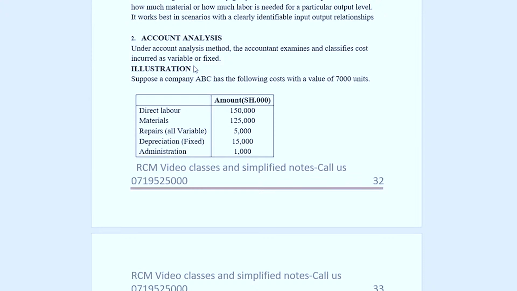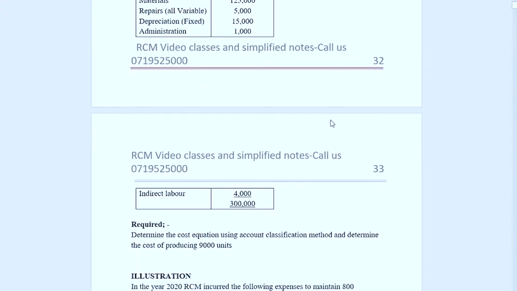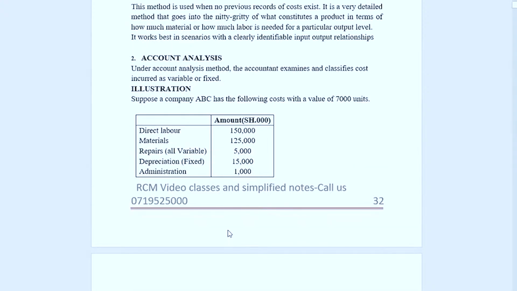Suppose a company ABC has the following cost, with a value of 7,000 units, in the card for producing 7,000 units. They want us to determine the cost equation using the account classification method and determine the cost of producing 9,000 units.